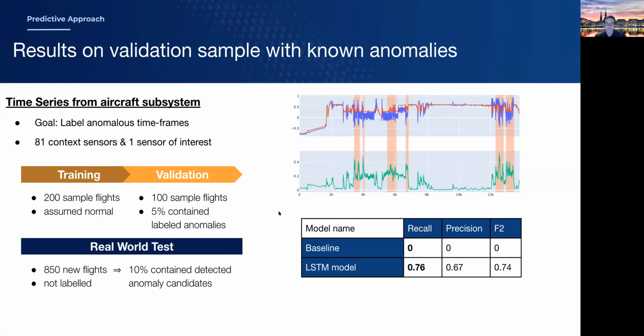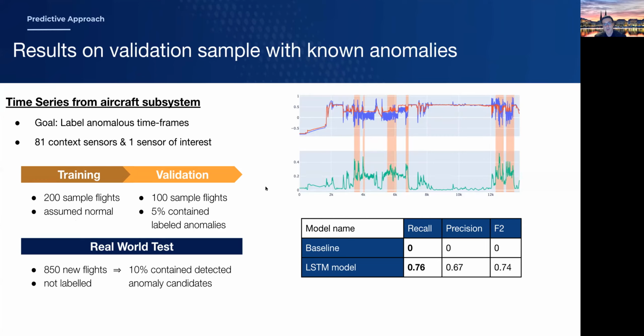Some results. So we had a validation sample with known anomalies. In total, we had 82 sensors. We have 200 sample flights for training, assumed to be normal. We had 100 flights containing 5% labeled anomalies.